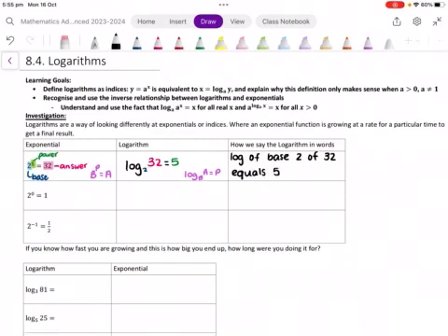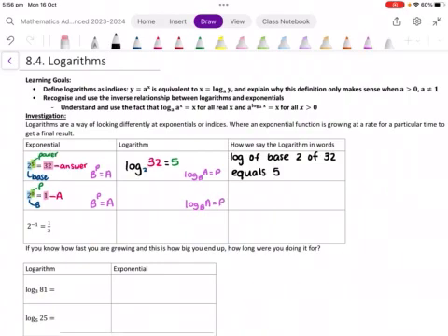Okay, let's have a look at our next one. So we have 2 to the power of 0 equals 1. Here our base is 2, our power is 0, and our answer is 1. So this is in the form of b to the power of p equals a. We want to write this as a logarithm as log BAP: log base b, answer equals p.